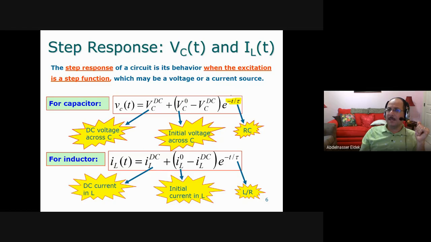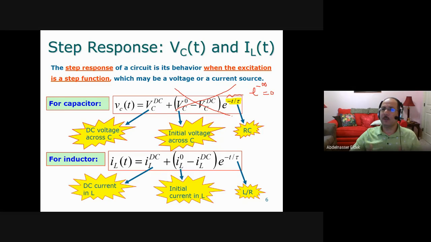When t is infinity, this number is big, so you have e to the power of negative infinity. Infinity over tau is infinity, so e to the negative infinity is 0. So this term here is 0, which means that you cancel all of this.